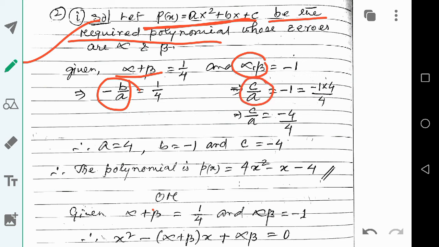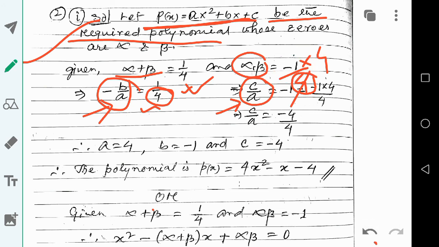Here the denominator is 4, and on the left hand side in both cases the denominator is a, so on the right hand side also let us make the denominator 4. In order to do that we have to multiply by 4 with the numerator and the denominator as well. If you cancel 4 and 4, then you will get again minus 1.